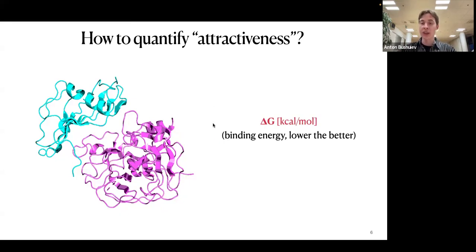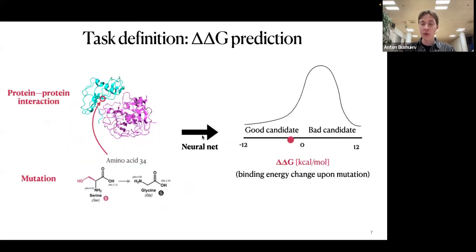And so now it leads us finally to the definition of our problem a bit more technically. What we want to predict is delta delta G, which I will explain in a second. Essentially, we are interested in developing or using a machine learning model, or let's say a neural network, which can take the following input: some 3D structure of 2 proteins interacting together, or protein-protein interaction.